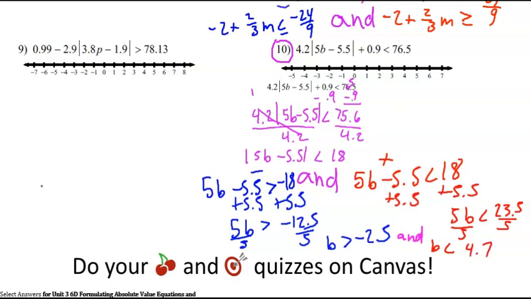So your solution would be negative 2.5 is less than b is less than 4.7. And then you would plot these with holes on the number line. So we have negative 2.5 right here, and then we have 4.7. B's in between, so we're going to shade in the middle.